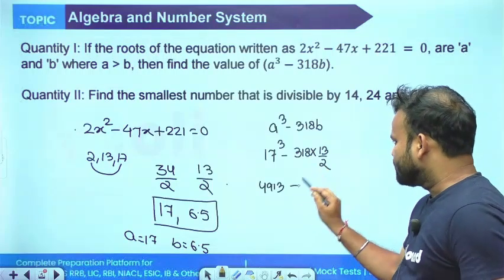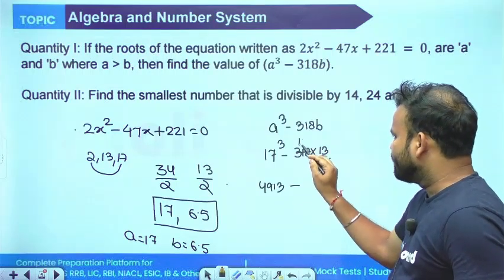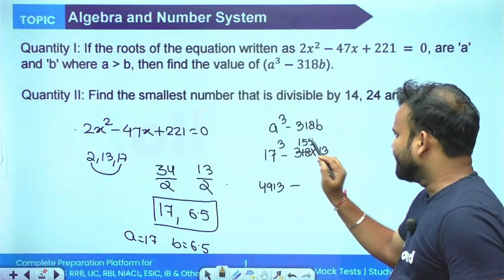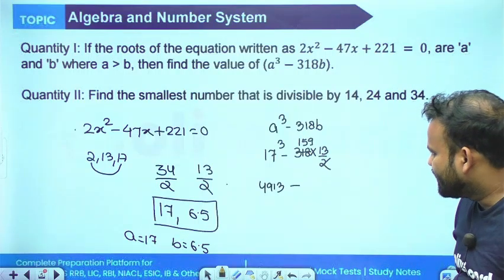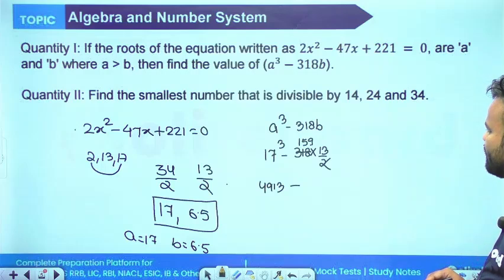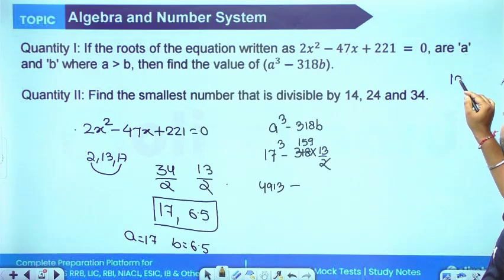4913 minus 2 times of what? 2 times 159 is 318, so this is 159 into 13. So 159 into 13 will be 13 into 160 minus 13.